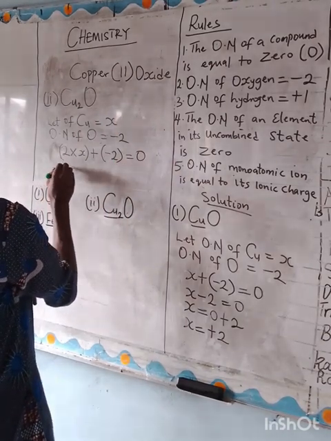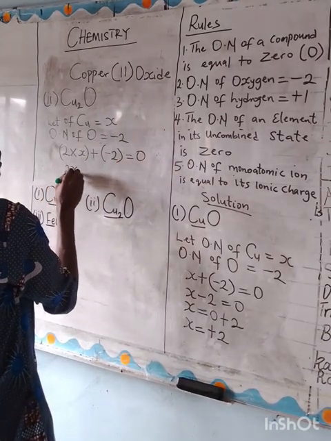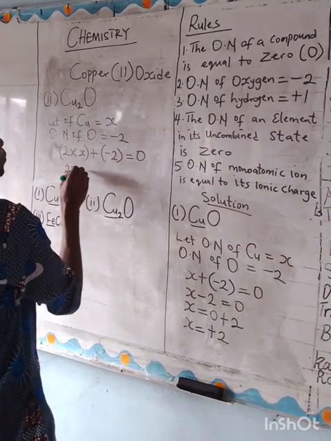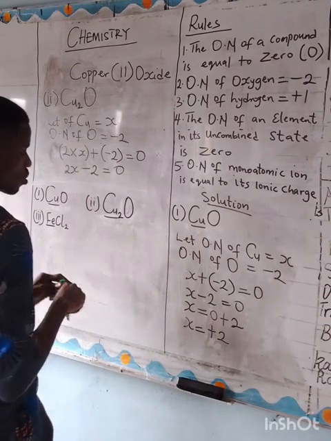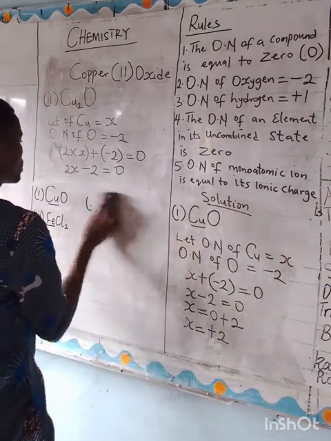So 2 times X will give you 2X, plus minus 2, equal to 0.